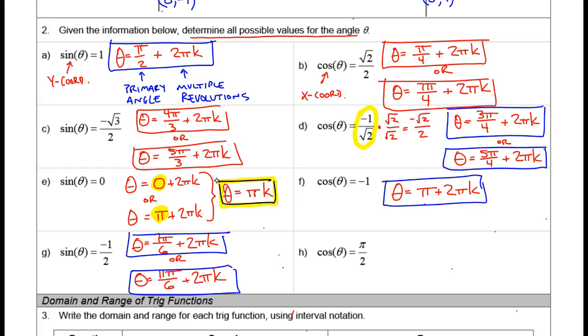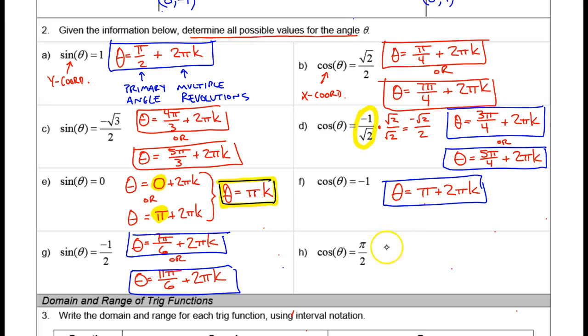The same isn't true in part F. The cosine, or the x-coordinate, is only -1 at pi, so we have to add 2 pi k. So these two examples look similar but slightly different. You can check part G on your own now, but I want to talk about part H. Part H is kind of interesting, and I believe it's going to stump some students.